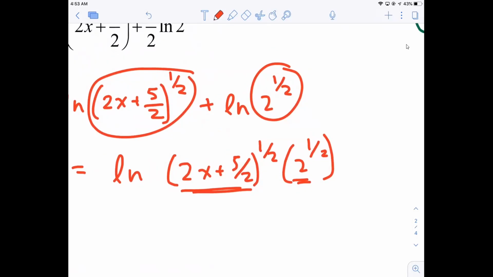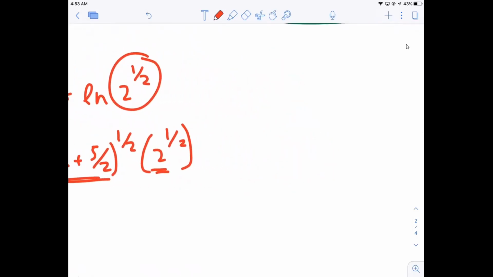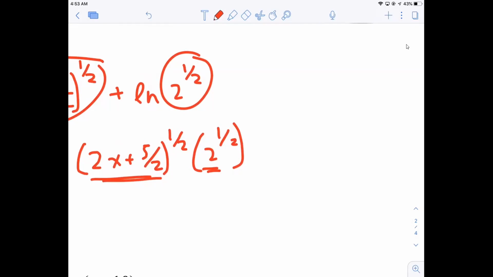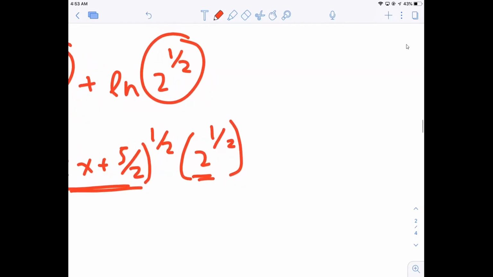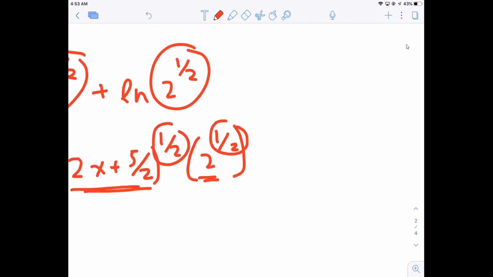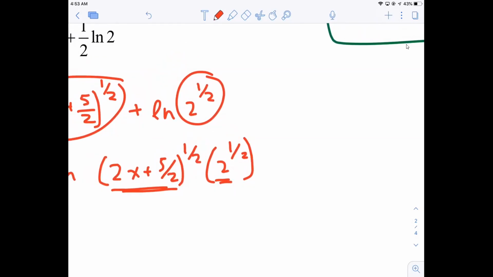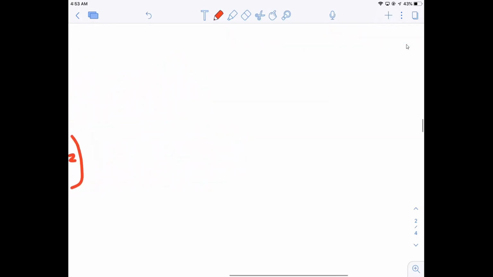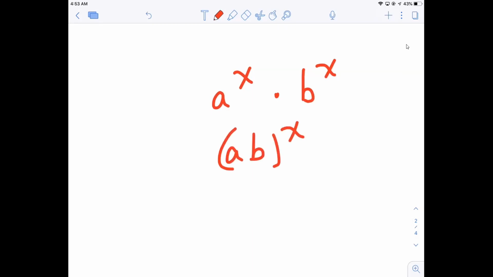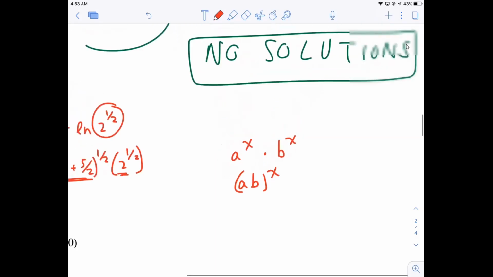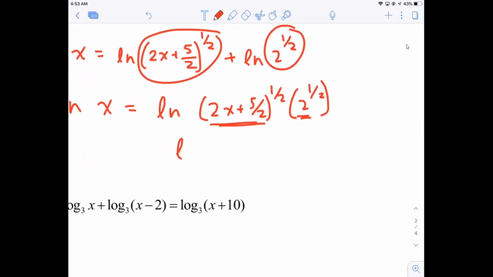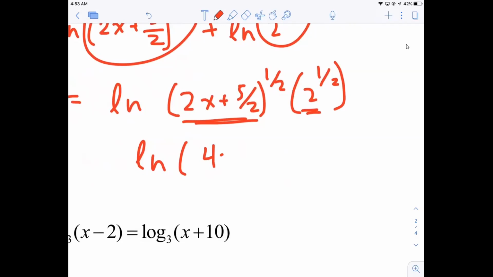Because if we have the same powers, we're allowed to multiply the bases. For example, a to the x power times b to the x power is just ab to the x power, right? So I could change this to the natural log of 4x plus 5 to the 1/2 power.